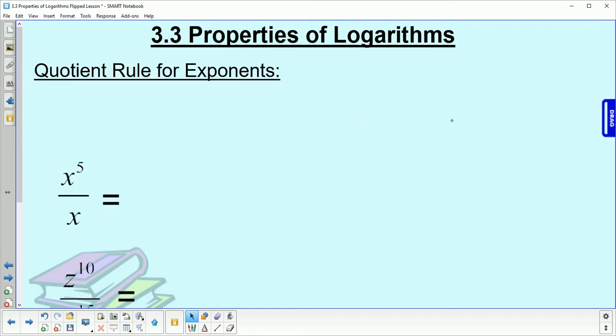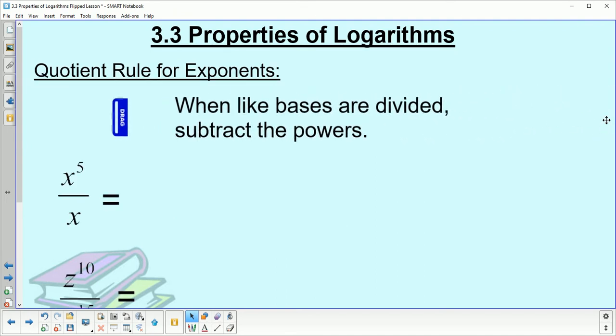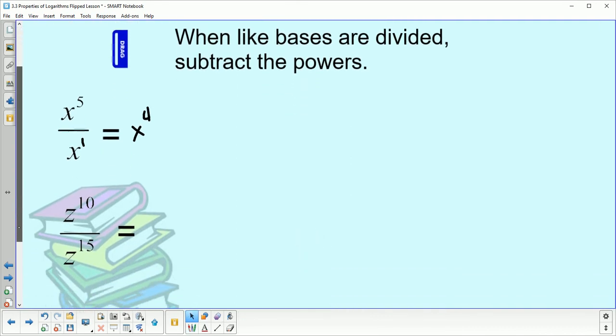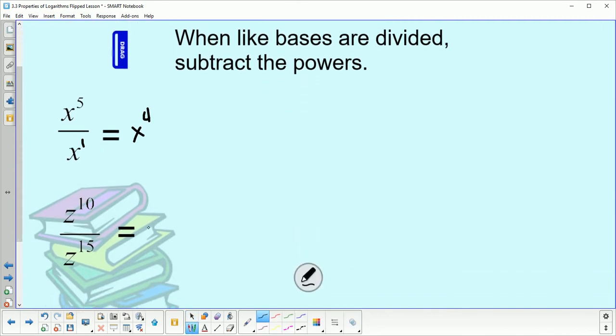Okay, next one we talked about is the quotient rule of exponents. So when we are dividing like bases, we subtract. So x to the 5th over x to the 1st would give us x to the 4th, because 5 minus 1. And in this case, z to the 10th over z to the 15th would give us z to the negative 5. Or, remember, a negative exponent can be written as 1 over z to the positive 5.